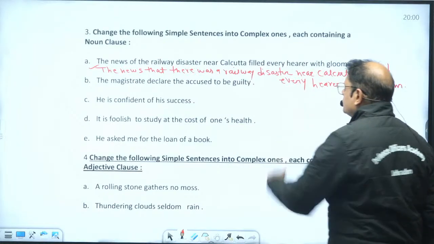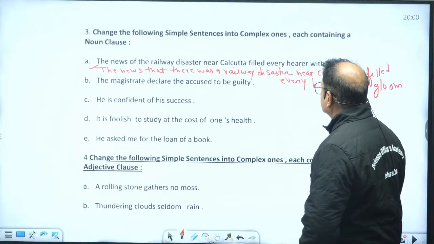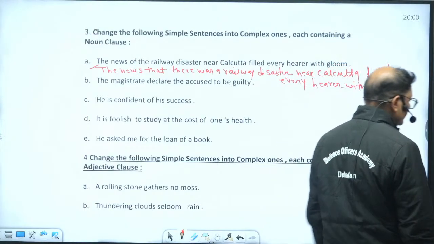Okay, see number 2. Number B, the magistrate declared the accused to be guilty.